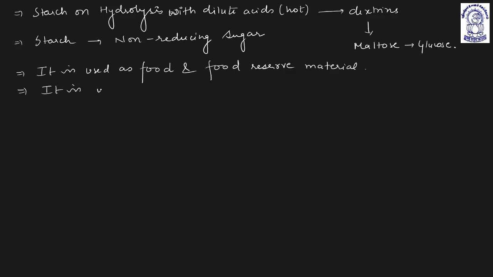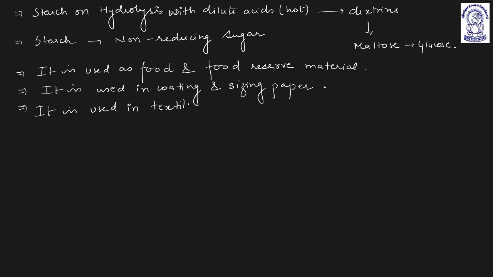It is used in coating and sizing of paper to improve writing qualities. Starch is used in the textile industry, for textile fibers.